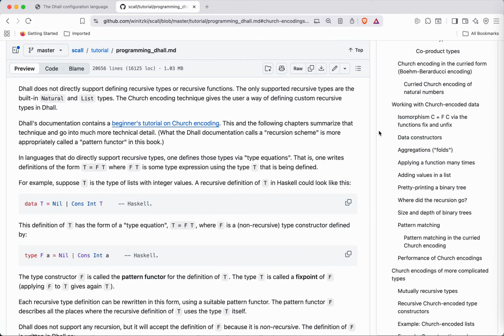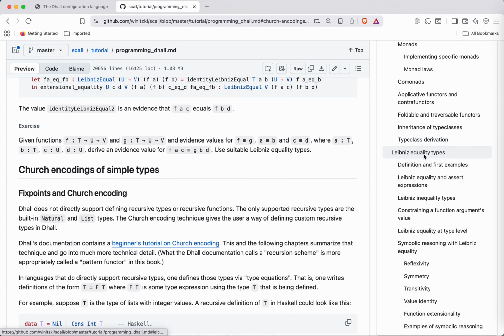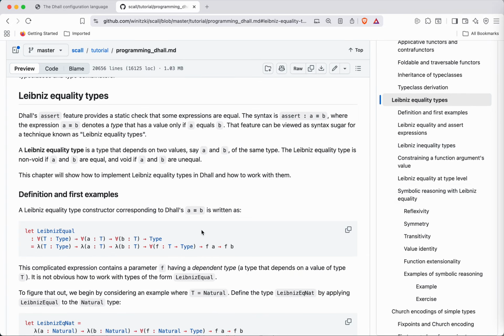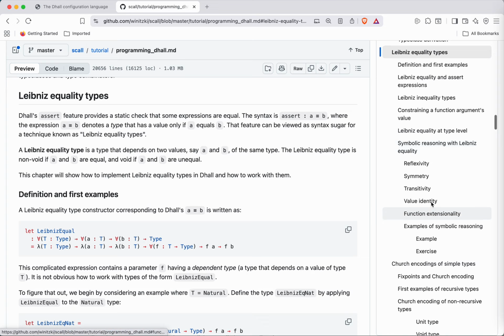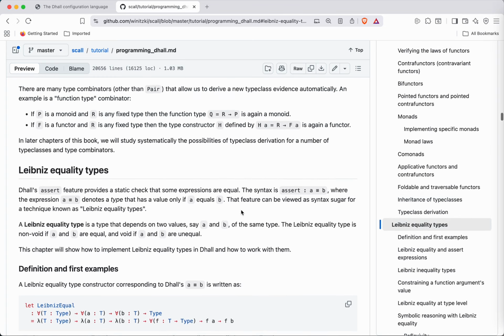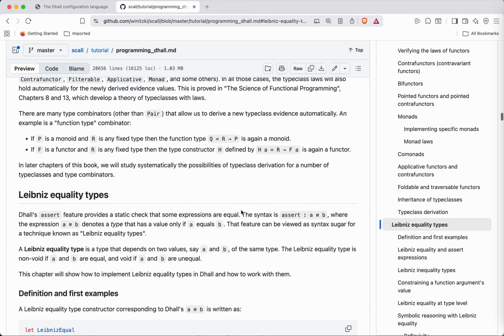You can even encode Leibniz equality, which is a dependently typed equality type for values and for types. So all of this can be done. I explain this in some detail as well, although Leibniz equality does not occupy a huge place in this book.